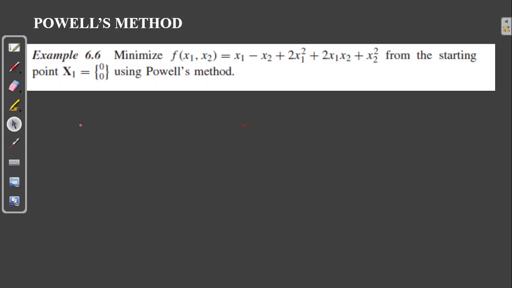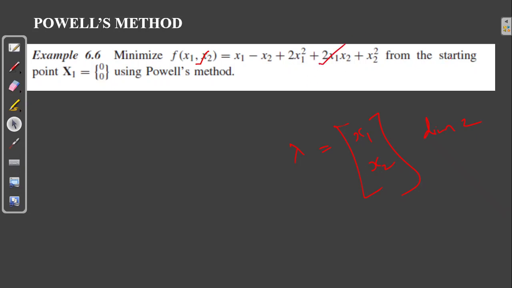This is our objective function: minimize f of x1, x2, where x is x1, x2, having dimension 2, and it is equal to x1 minus x2 plus this equation.